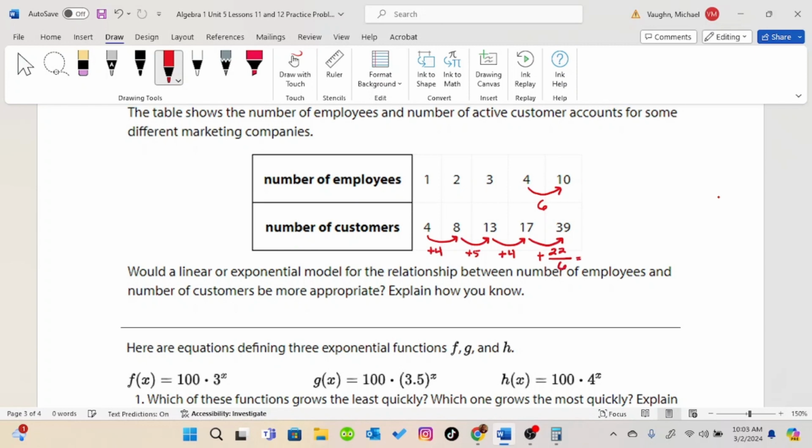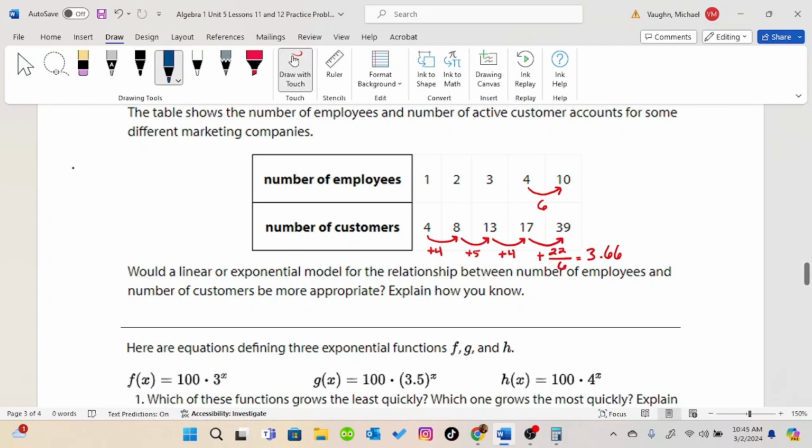So on average, we have added 3.66 per. So we do not add the same amount every time, but we are adding approximately 4 every time.